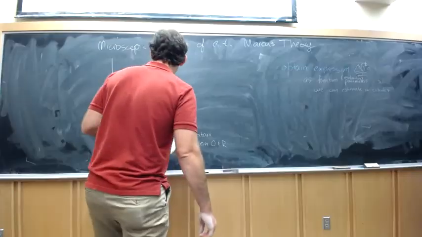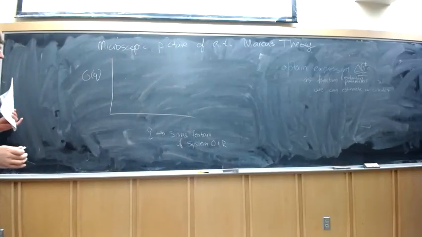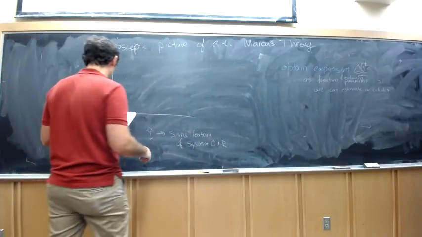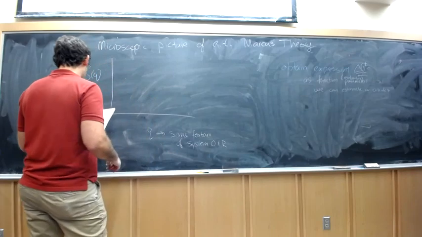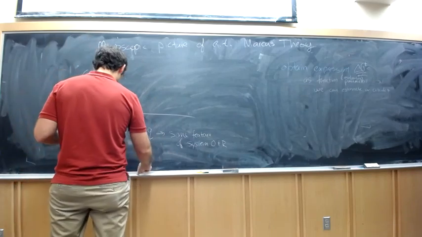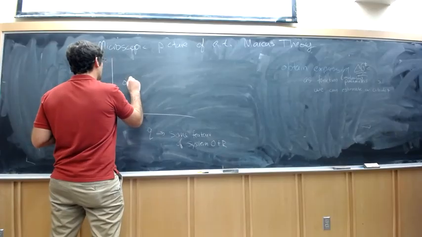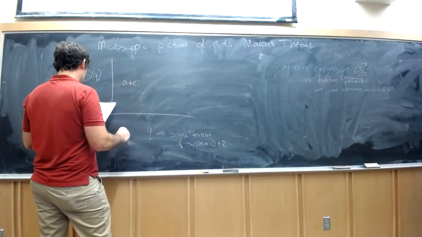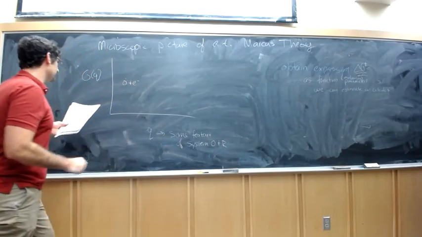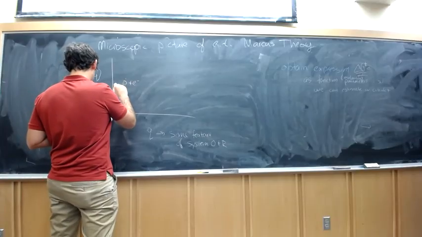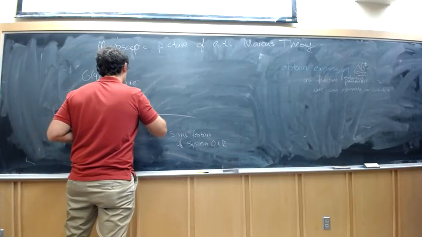So the free energy of the system is going to depend on Q. And I can have a curve, just like before, for O plus an electron. Now I'm going to draw this curve with a very specific formulation. It's going to be a parabola.